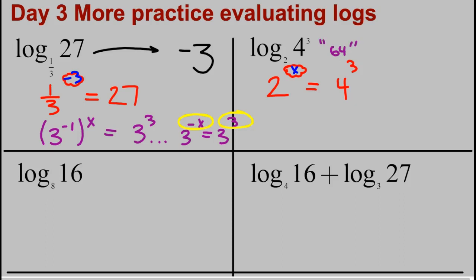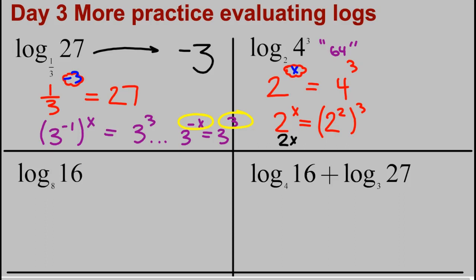You could say 2 to what power is 64, and go that route. I'm going to show you a little different route just in case this was a little bit uglier of a problem. So let's say we have 2 to the x is equal to 4 is the same as 2 squared, so that's 2 squared cubed, right? And then from there, I have them written as the same base. So now I can clean them up and set their exponents equal.